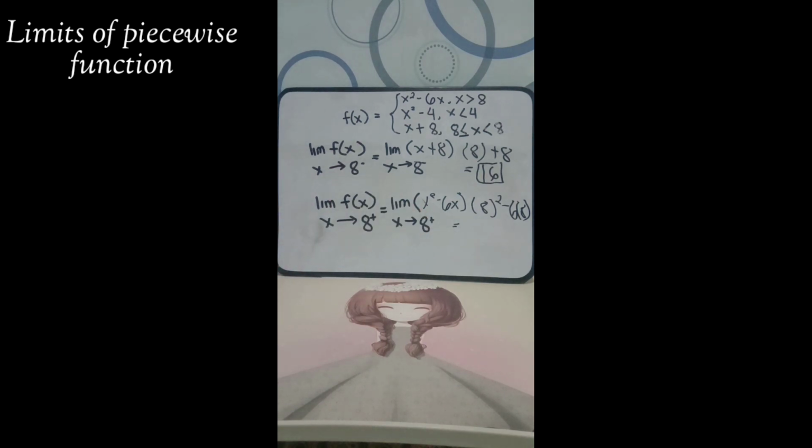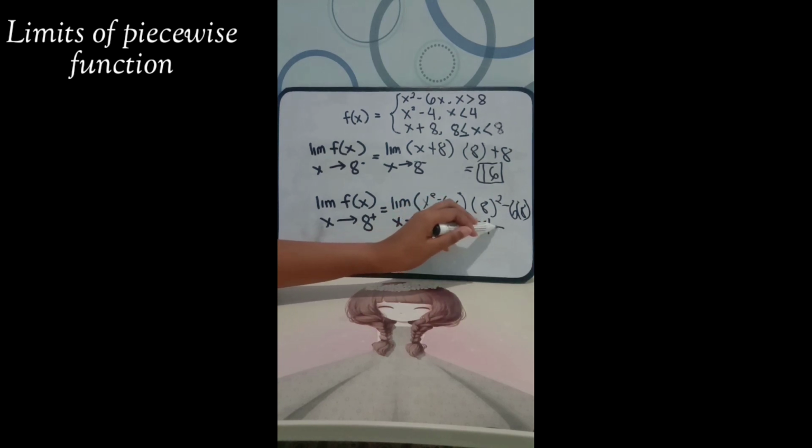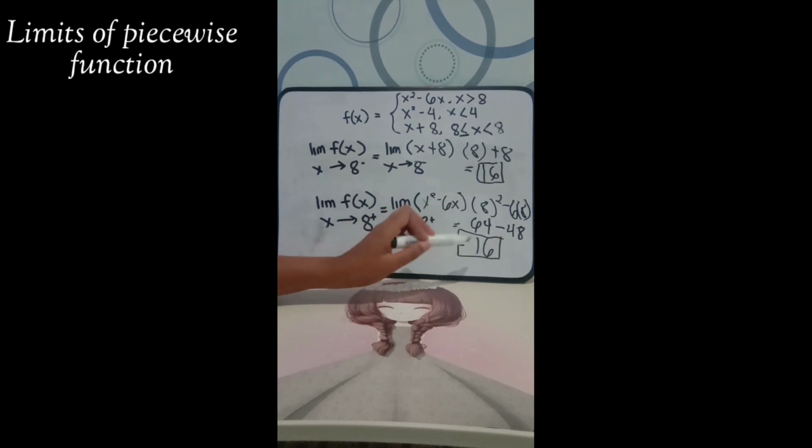Tapos, magiging sagot natin dyan ay 8 times 8 is equal to 64. Minus, 6 times 8 is equal to 48. 64 minus 48 is equal to 16. Pareha siya ng naging sagot.